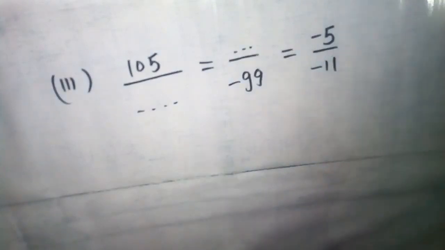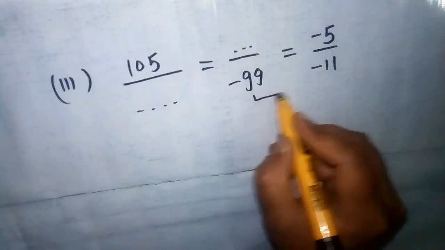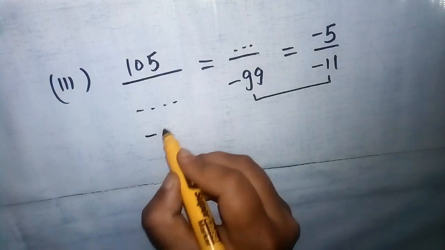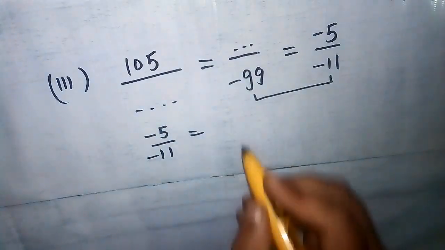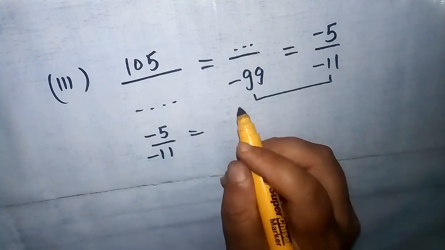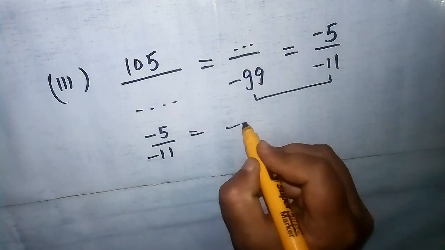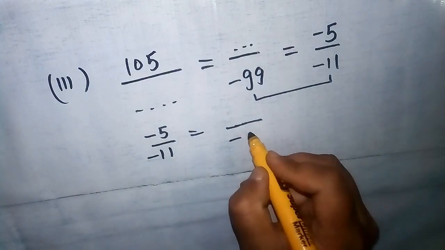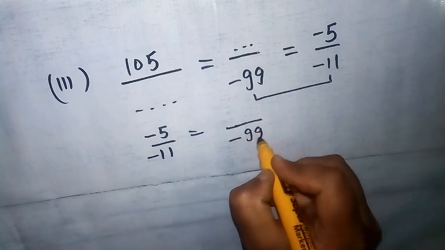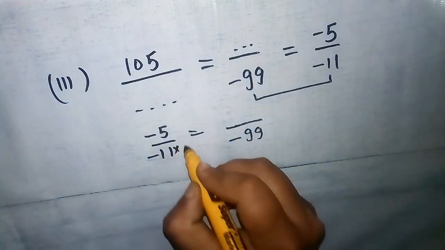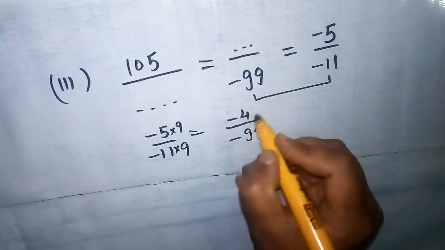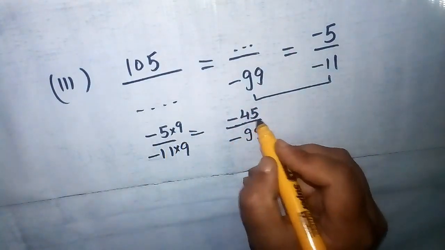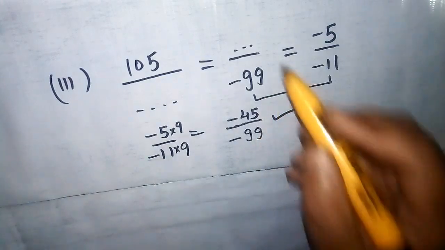So remember, here numerator and denominator are given in minus 5 and minus 11 only. So first of all I am writing it, then take the second part where the blank is in the numerator and the denominator is minus 99. So we know that 11 nines are 99, the same 9 we will multiply with the numerator, and 5 nines are minus 45, which is the required answer.